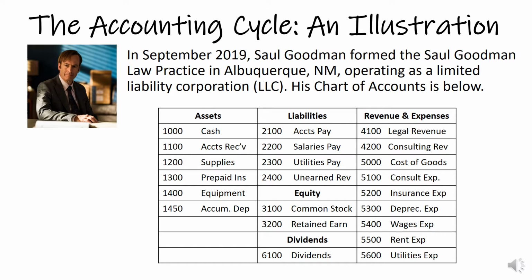Here we see Saul Goodman's chart of accounts, which he created when he formed his law business. The chart of accounts lists the title of each of the accounts in a business accounting system. We group the different account titles in order of the 6 major components of the expanded accounting equation.